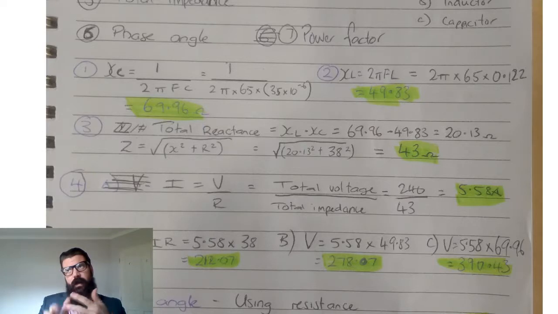Now remember that our inductive and capacitive reactances are opposite to each other, so they will subtract from each other, and that's the vertical axis of our triangle. The resistance is the horizontal side of our triangle. So what I need to do is turn that XL, XC, and resistance into one triangle, and then the hypotenuse of that triangle is my impedance.